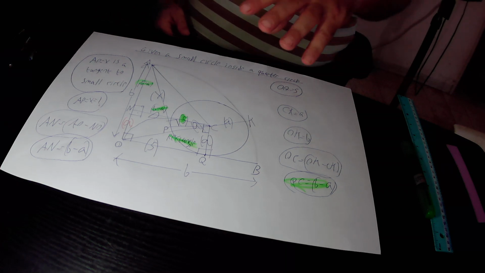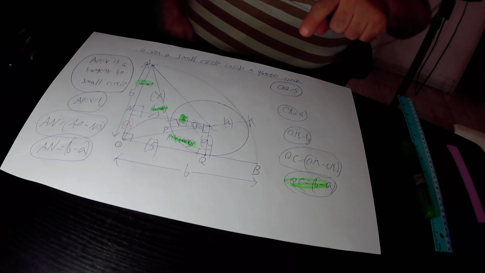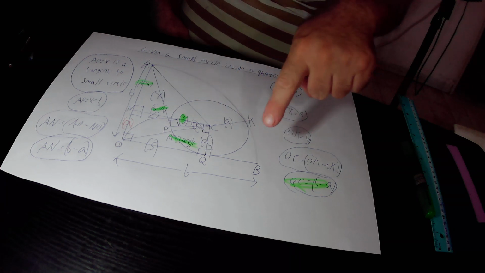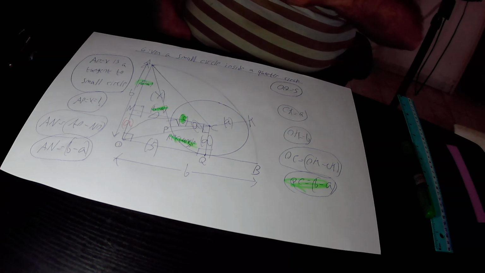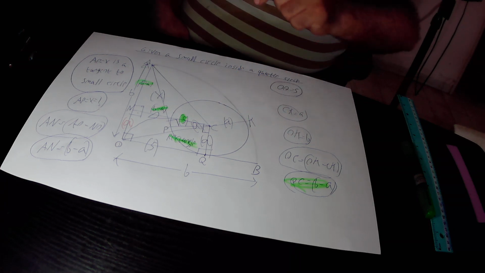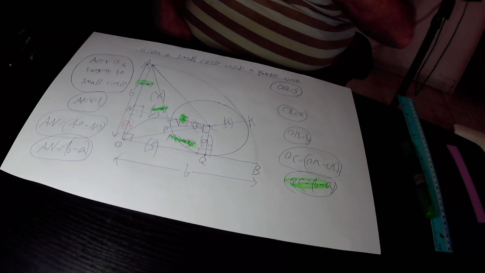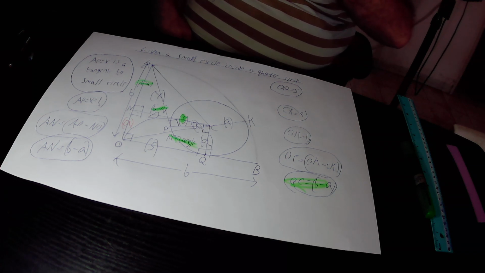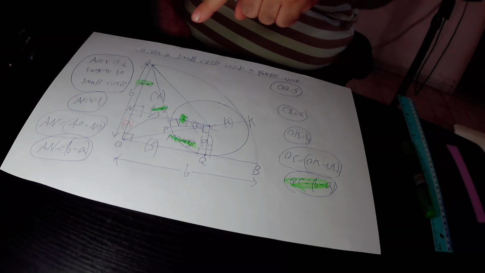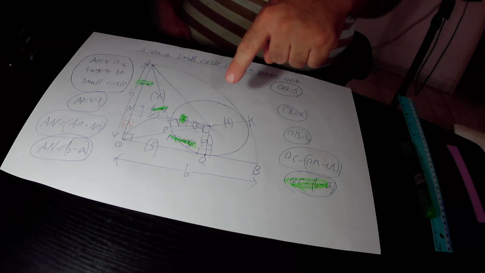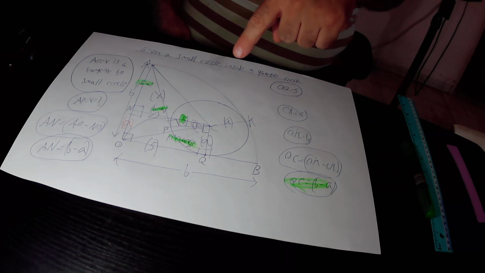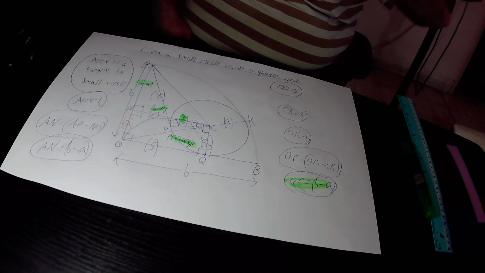So we have an internal touch between this big quarter circle and this small circle, that is to say they touch each other and terminate at this point K. Remember, we have an internal touch between two circles. You can implement rule 9. According to rule 9, the straight line that connects the centers of the two circles with an internal touch between them must pass through their tangent point.